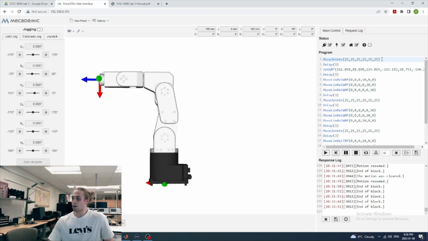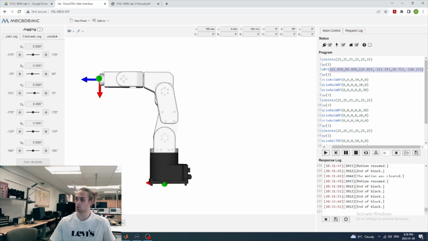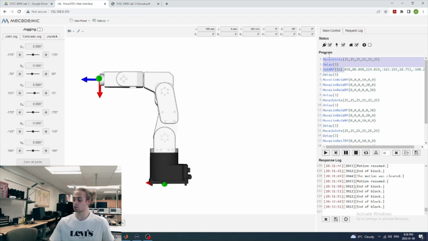And then after I do this command, I'll observe the x, y, z, alpha, beta, and gamma parameters of the tool reference frame at the top right of the web interface, and I'll use those as the parameters to set my world reference frame. So after these 2 instructions here, I should be seeing that the tool reference frame is at all zeros, because the tool and world reference frame are one and the same. So we'll see what happens.